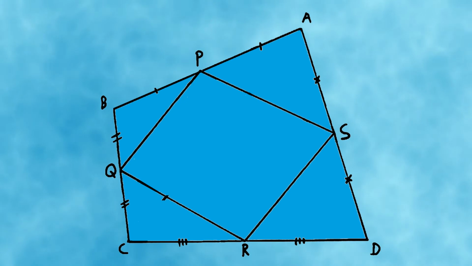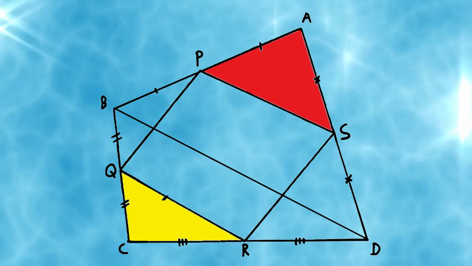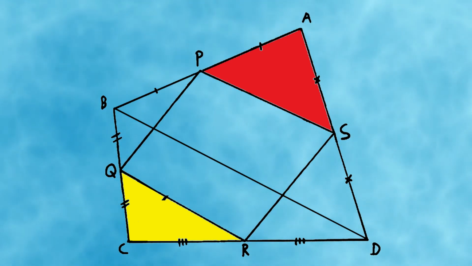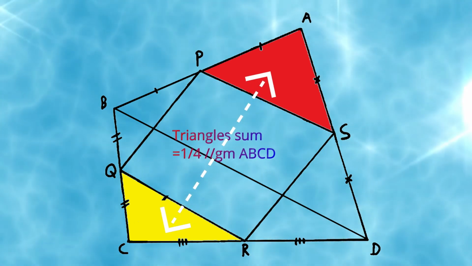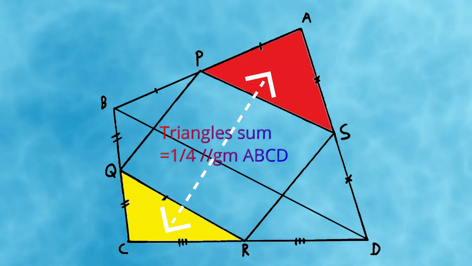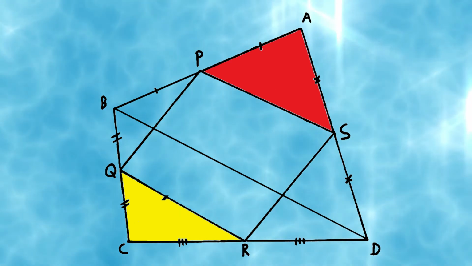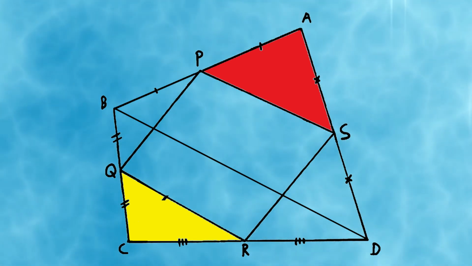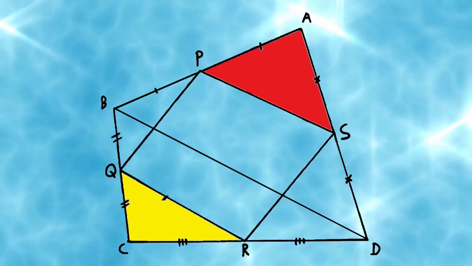Right? Now, what about these two triangles? The red triangle APS and the yellow triangle QCR are also similarly 1/4, because now we have to take BD as the diagonal, and the same way as we proved, we can get that APS and QCR are also 1/4 of the individual triangles. Now let's see.